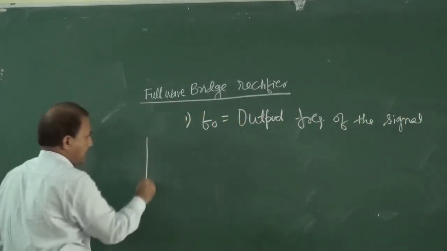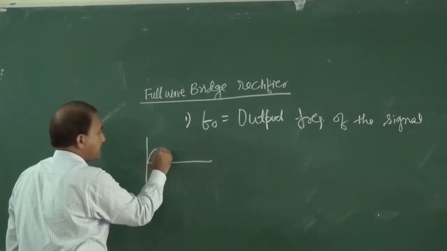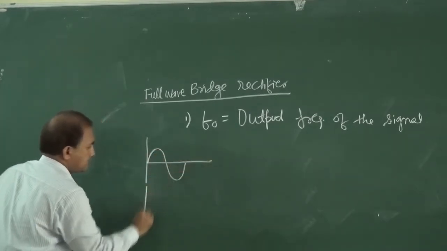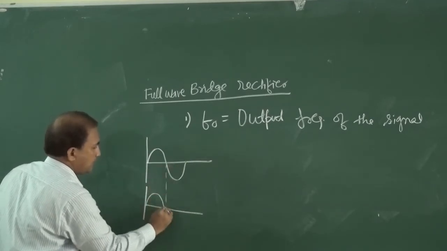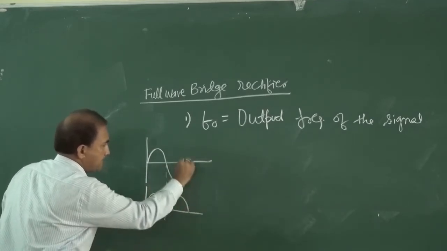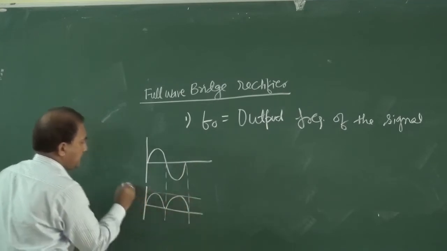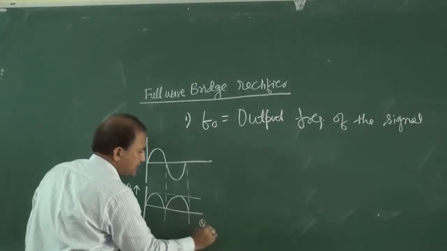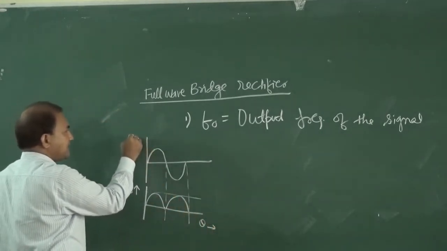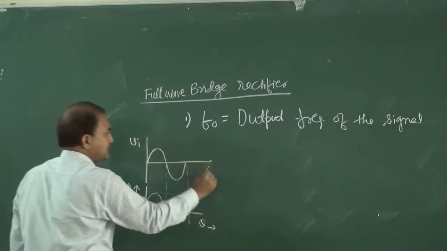Again we can see the graph of V out versus theta, and the graph of V in versus theta.